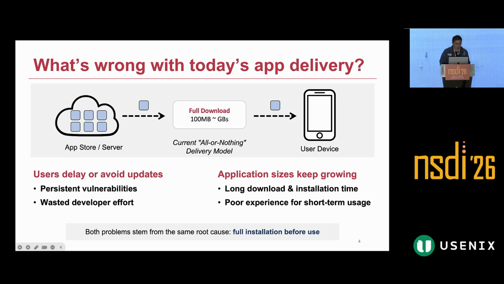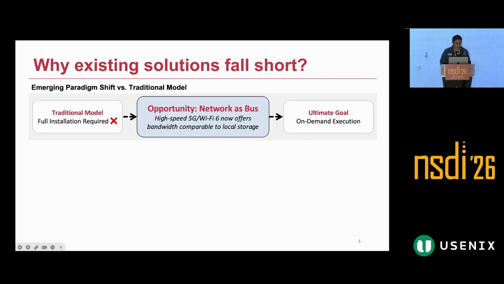Both problems actually stem from the same root cause. Applications must be fully installed before being used. To overcome this limitation, we need to rethink how applications are delivered. Traditionally, applications follow a static installation model where full installation is required before execution. But today's networks are fundamentally different.